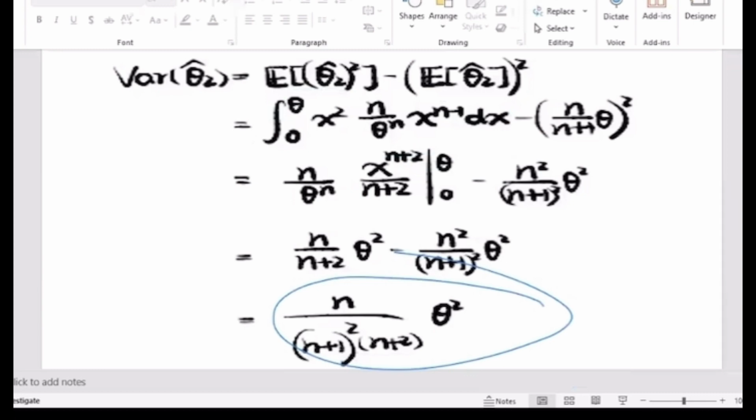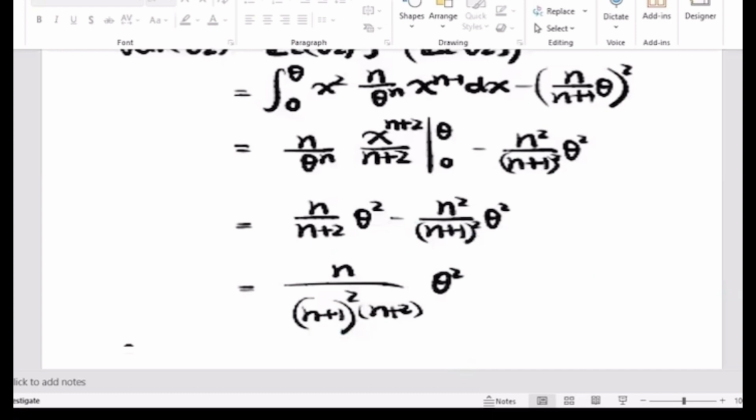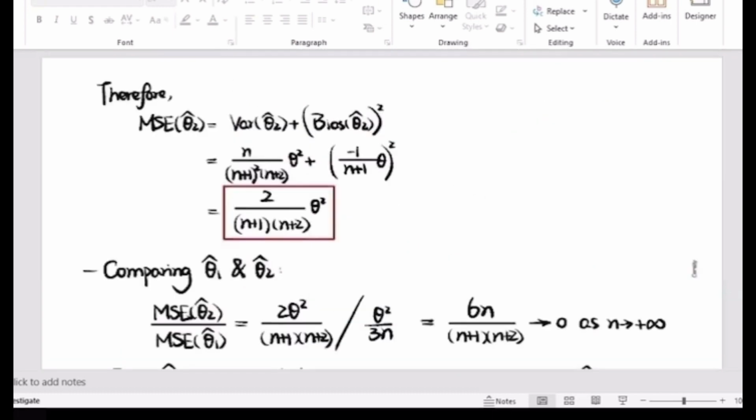Now, because theta cap 2 is biased, if I want to evaluate the performance of theta cap 2, I'm not going to use the variance. I'm actually going to use the combination of the variance and the bias that we call mean square error. So let's proceed now to the mean square error. We want to find the mean square error of theta cap 2 using what we derived the other time.